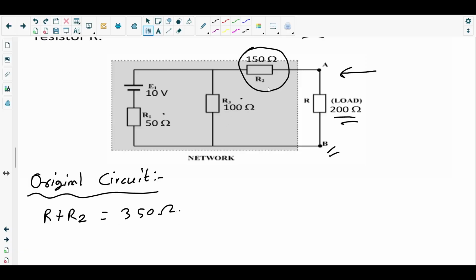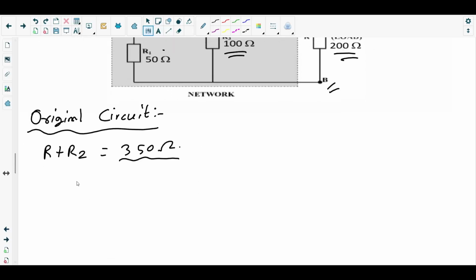Okay, now as you get to this point, you see this is a junction, current will get divided there. If current gets divided there, then that means they are in parallel. So this 350 ohm is in parallel with R3.